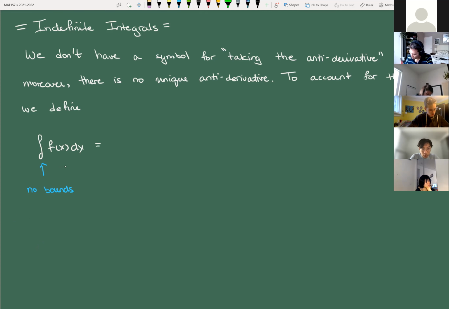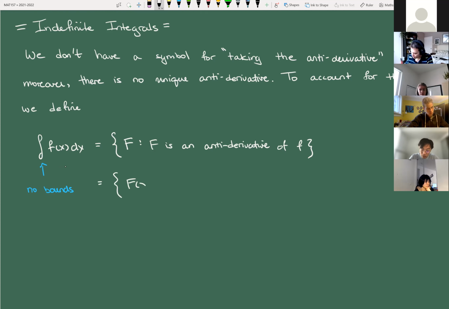So the integral of f of x dx is going to be the collection of capital F's such that F is an antiderivative of little f. But we know that all the antiderivatives are unique up to a constant, right? So this is shorthand, and we have to be careful here because we're abusing notation.